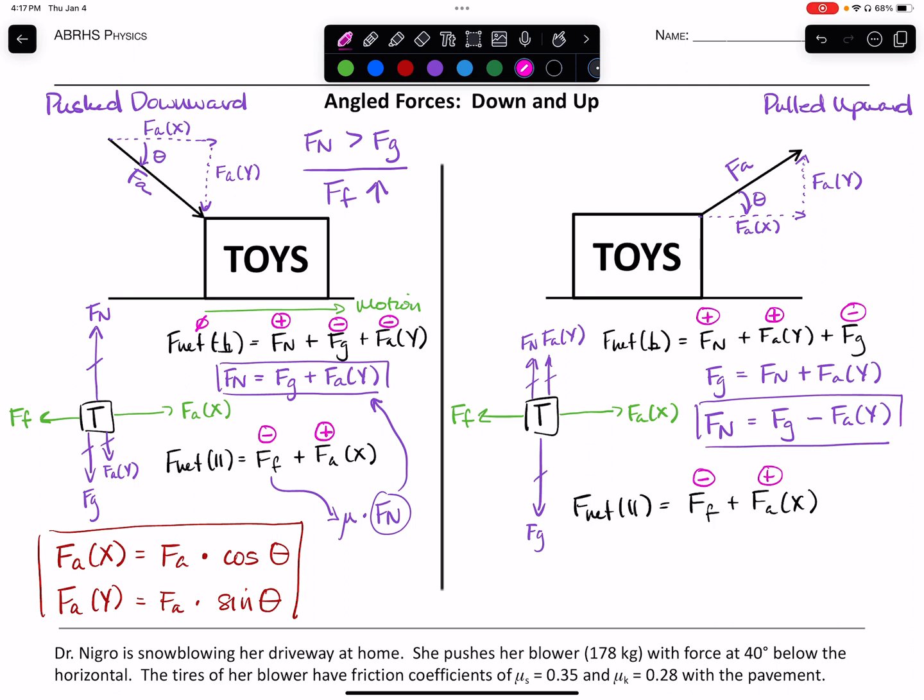Don't forget that frictional force is going to be equal to the coefficient times that normal force, and we're going to need to plug in this equation for that normal force. So again, you can see why the angle forces make things a little bit more complicated, but it's not that bad as long as you write out your F net equations for both directions, and then you can find the normal force so you can find the friction.